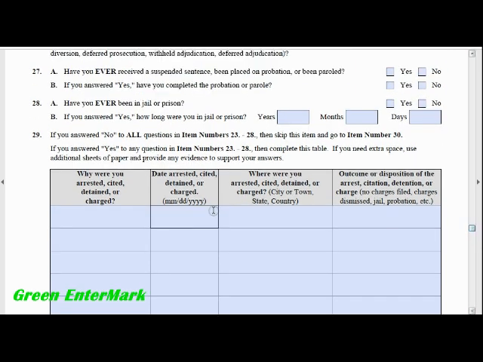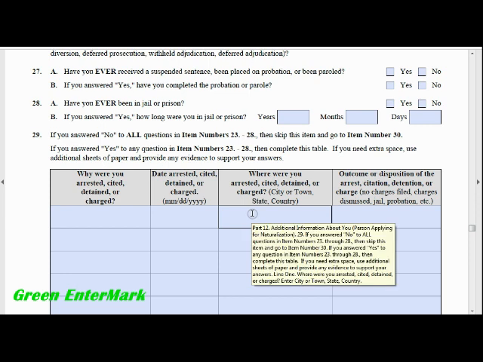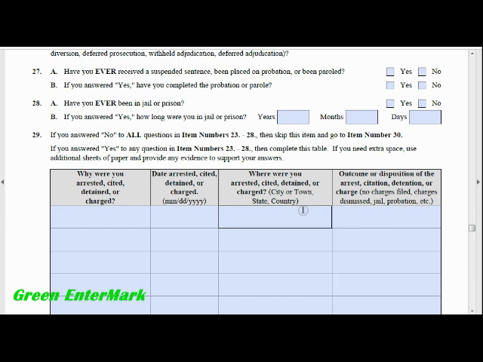So you have to mention why you were arrested, cited, detained, or charged. Mention the date you were arrested, cited, or detained. Then the city or state and full address where you were cited or arrested.